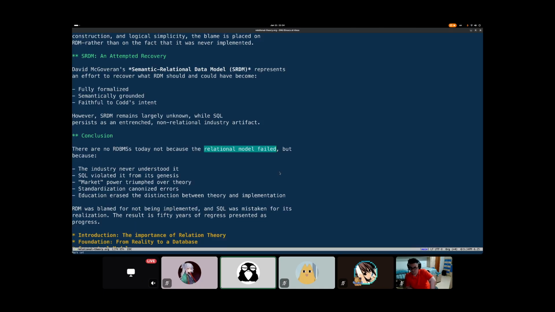SQL, basically from the get-go, was already non-relational. And it's not just the market, it was the government too. The government made Unix a standard back in the 90s, right?